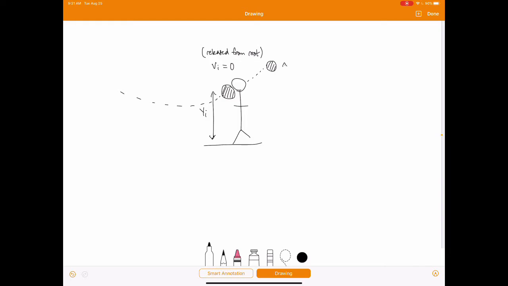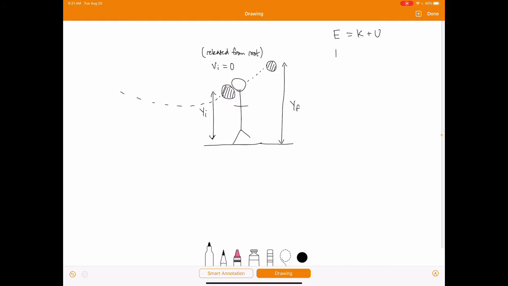Okay, so let's put this as y final, the final height. Okay, so now let's bring in the idea of mechanical energy. So the total mechanical energy of this bowling ball is K plus U, so kinetic plus potential.